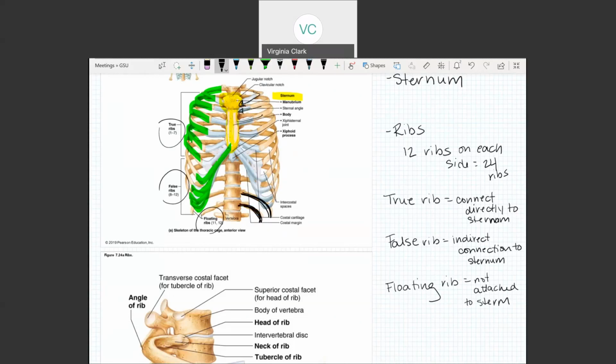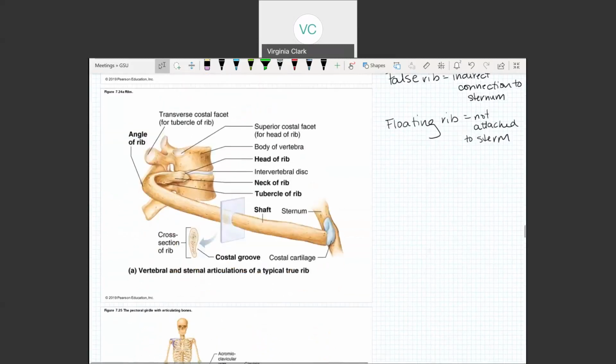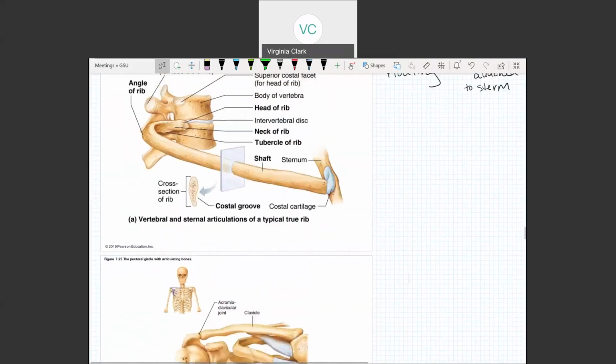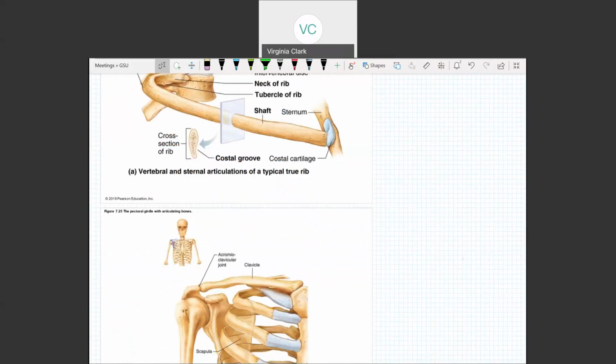They kind of end on the side, but there is no connection to the sternum there. So you can kind of see how these ribs are attached. You don't need to be able to name or number the ribs, but you do need to be able to know how they all fit together. So that's it for chapter 9.